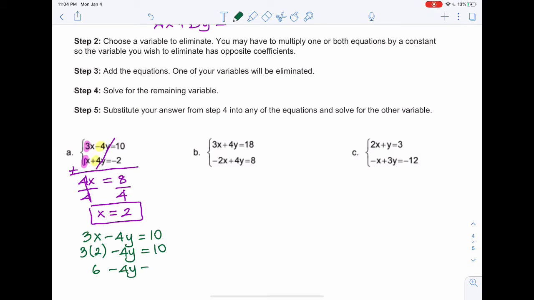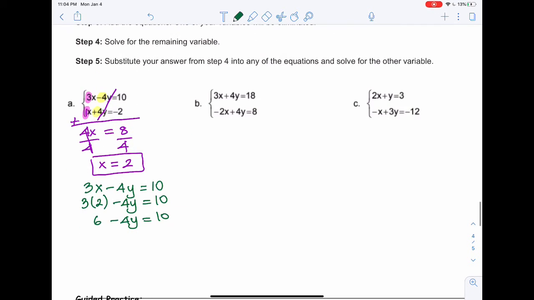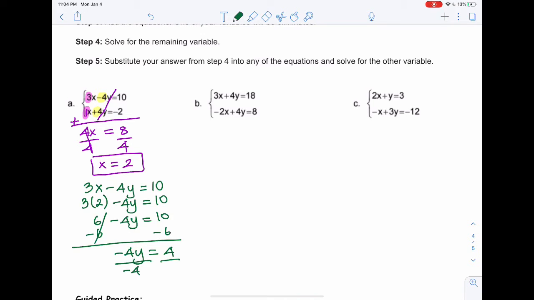And just solve this equation. So y will be negative 1. x was 2. You can use the same strategies we used in the previous lessons, and you can check your answer by plugging in both x and y in both equations, and you can see if you get the same value on both sides of the equations.